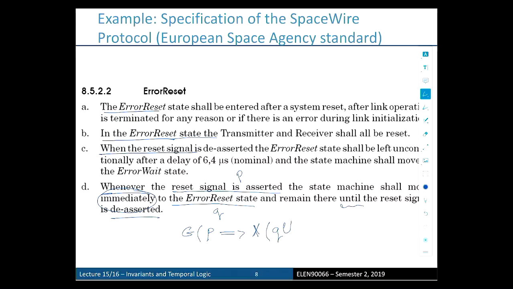So if P is asserted, D asserted is negative of P. We can have this as well. Sorry, I didn't mean to say and. Or maybe X. So this interpretation of immediately either means next or after next.